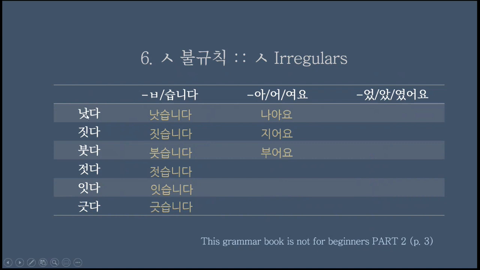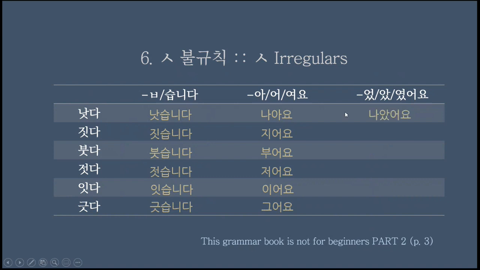This 시옷, the 받침 시옷, drops. It just disappears forever, isn't it? Can you apply the same rule for the rest of the words? 젓다, 저어요. 잇다, 이어요. 긋다, 그어요. Very good.